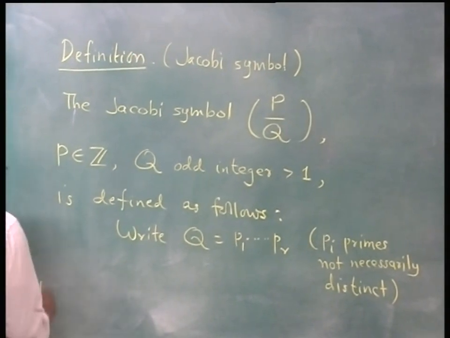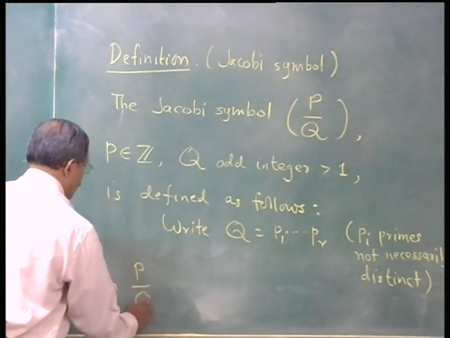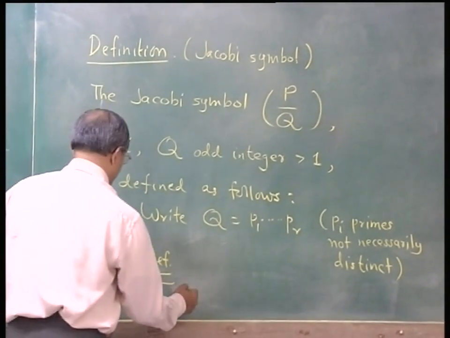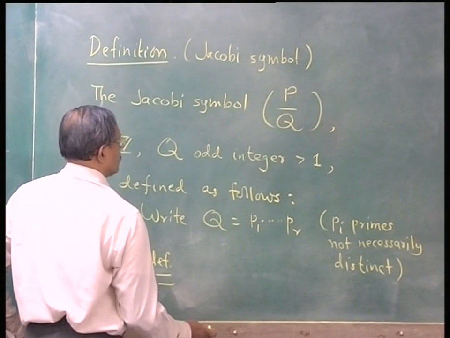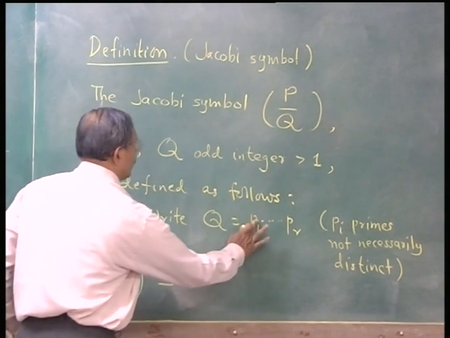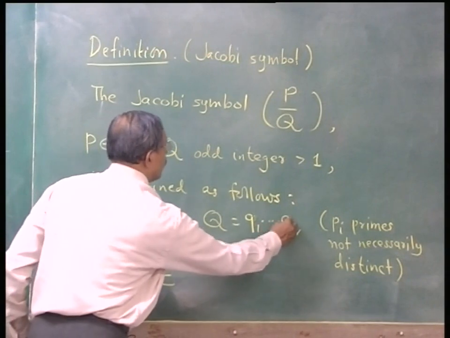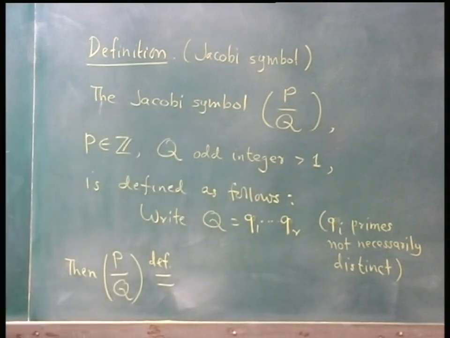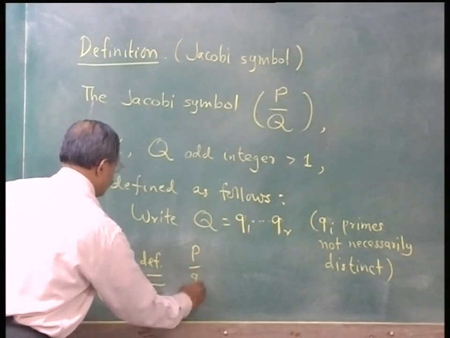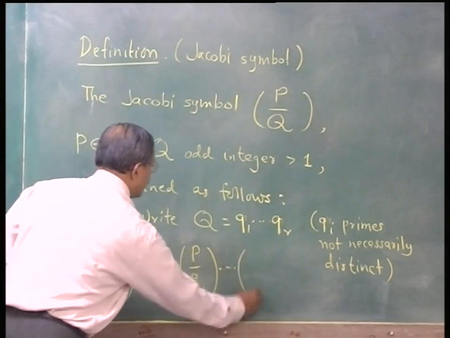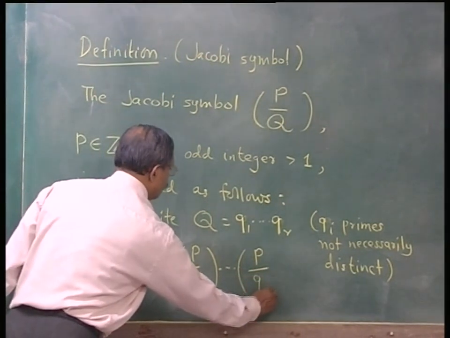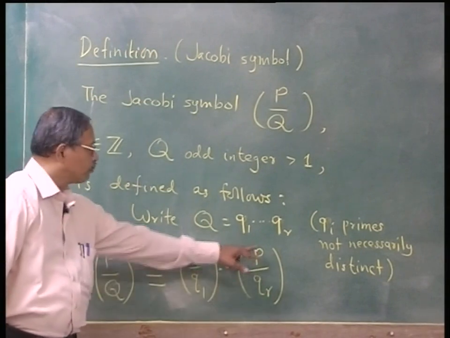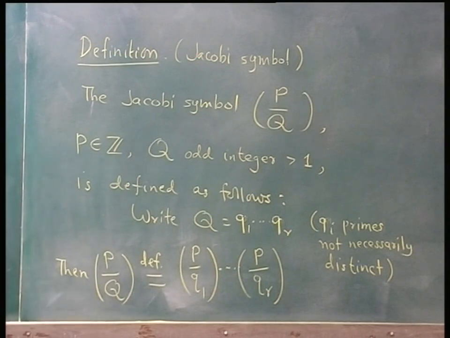Then P by Q is equal to, this is the definition, P by Q1 into P by Q2 and so on up to P by QR, where these P by Q1, P by Q2, P by QR are usual Legendre symbols.